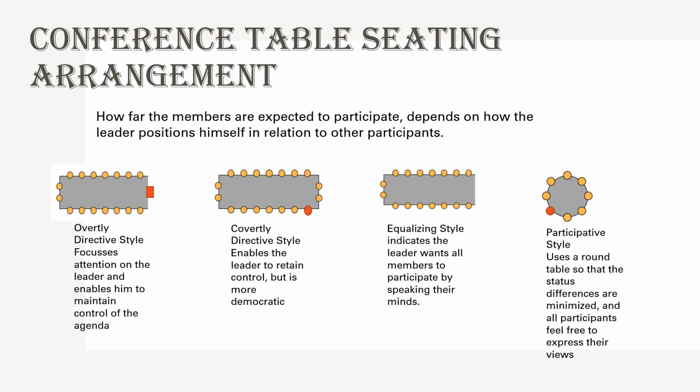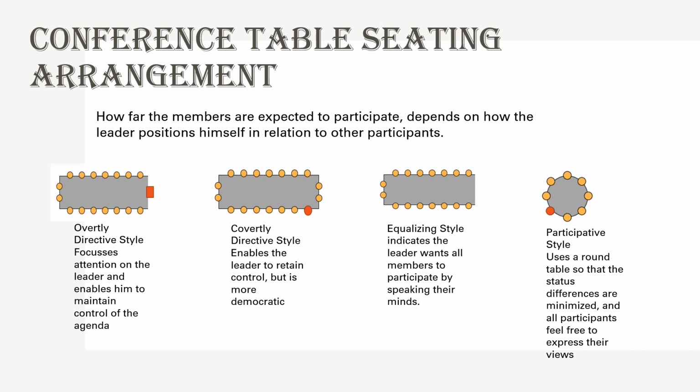When it comes to a rectangular kind of tabular seating, which we call an equalizing style, there are a few participants who are directly sitting across from each other and a few participants sitting on the other side of it. Because it is a long table that you're using, maintaining eye contact with each other is not possible.